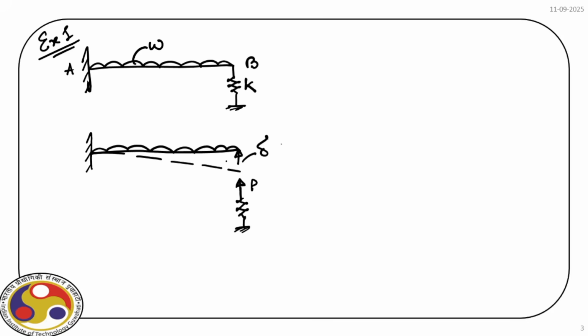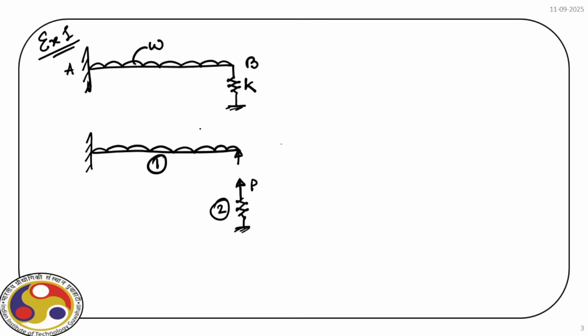So now if we consider the first structure and then find out the strain energy, then we can also consider the second structure, which is a spring. So the first structure is the beam and the second structure is the spring.